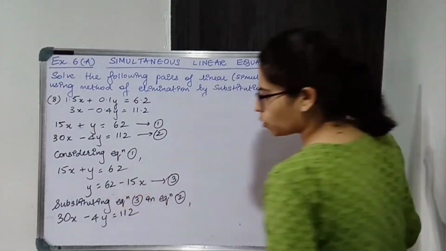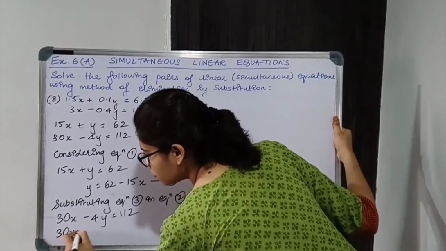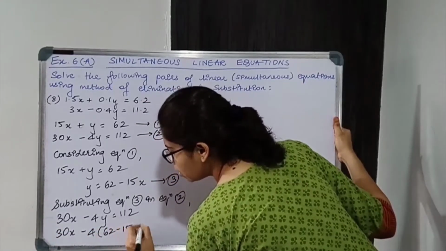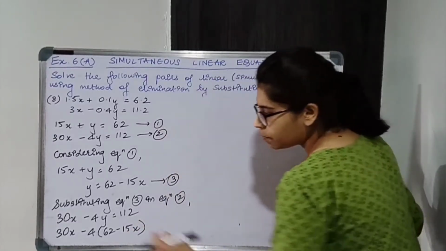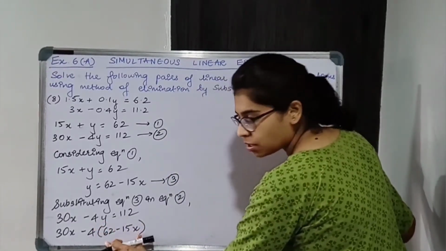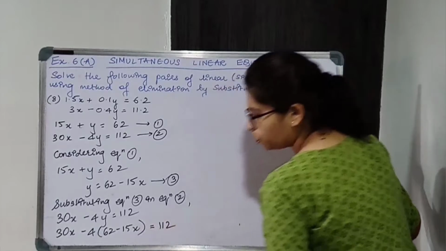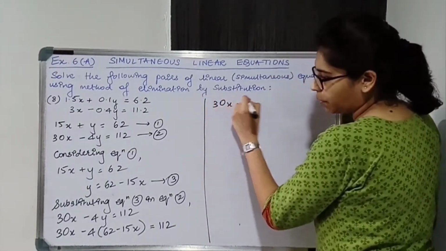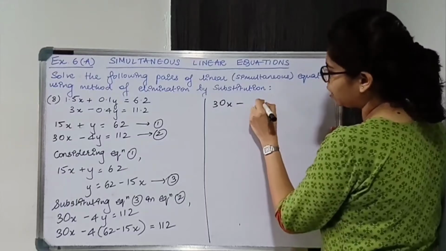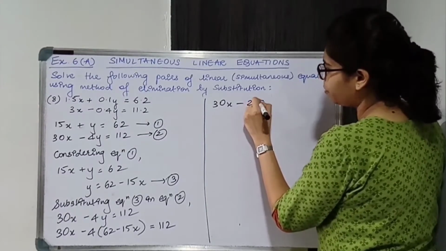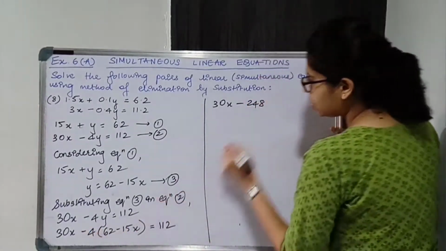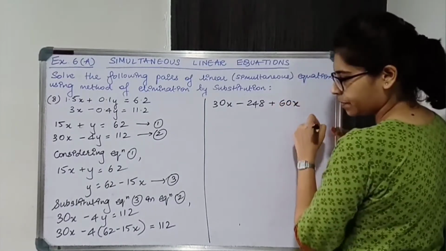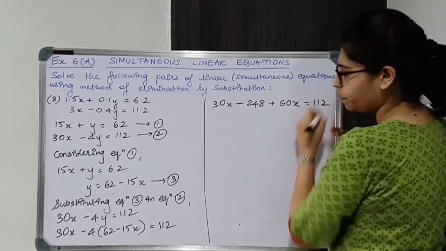Okay, so 62 minus 15x, put brackets. Okay, so in place of y we wrote this is equal to 112. So 30x minus 4 into 62, 4 2s are 8, 4 6s are 24, minus into minus gives plus 4 15s are 60, is equal to 112.